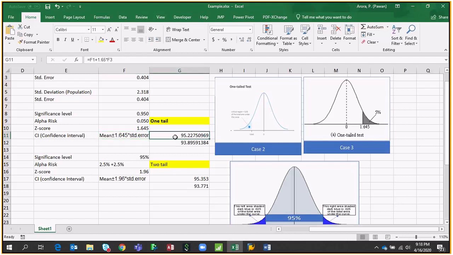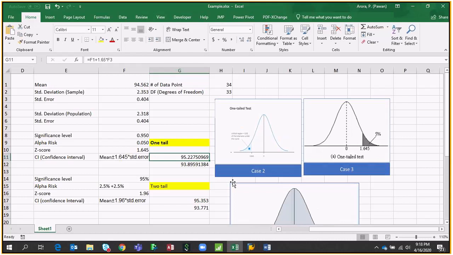Now if you put this formula, you have F1. F1 is nothing but your mean, so let me write for you. This is your average plus 1.645 multiplied by your standard error, which is 0.404. Enter. This is your confidence interval on the positive side, or the right side, and this is your confidence interval on the left hand side, when you have only a right tail or a left tail. When you are considering the right tail, this will be your number.